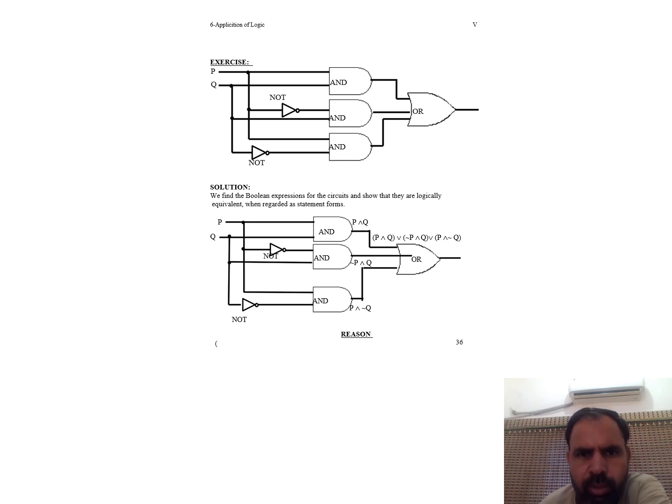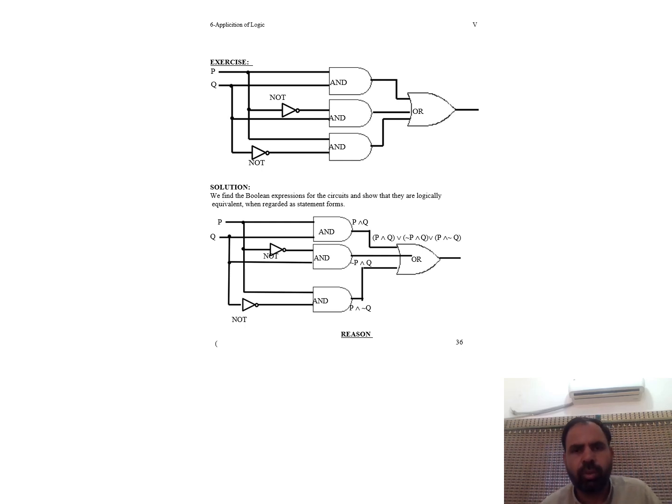And if we discuss this NOT gate first, it's negation P and Q. Here is P, so first of all we say negation P and Q. And then P directly and negation Q, because this is Q, and after the NOT it becomes negation Q, and at the end these are all in an OR gate.